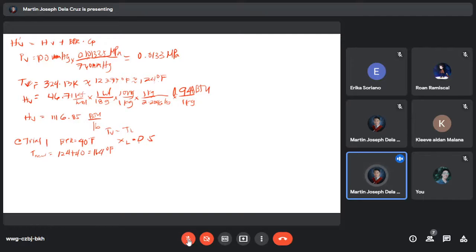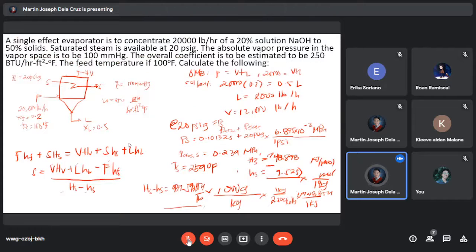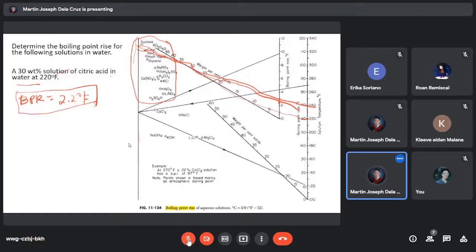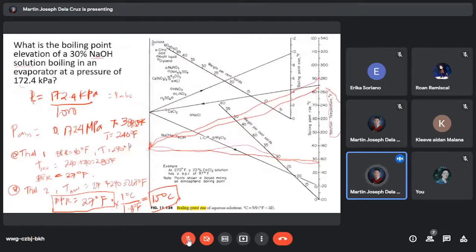So we'll have to plot your 0.5 and 164 degrees Fahrenheit sa boiling point elevation natin. Class, no? So, hindi ko na siya mabuburato. So, we have now 164. So, 164 is around here, right? So, dito class. Okay? And then, connect natin siya sa NaOH.